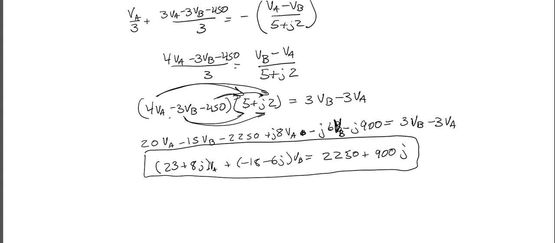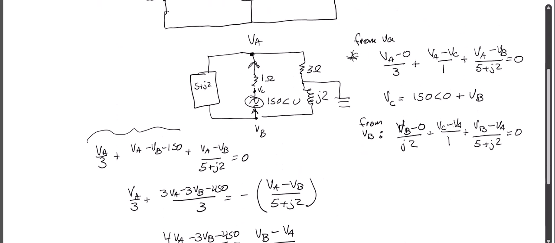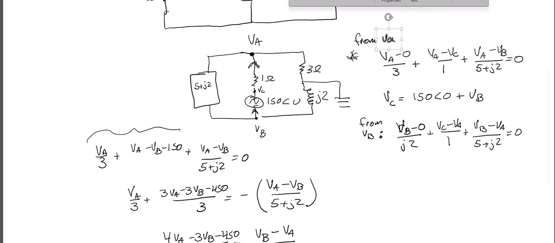You don't have to have the C node, but you do have to account for that current. Let's see. The super nodes, let me think for a minute. Let me pause. You have to account for all of the currents coming out of the node, and you have to have enough stuff to solve the equation. And so you need as many nodes as you need to solve the equation.